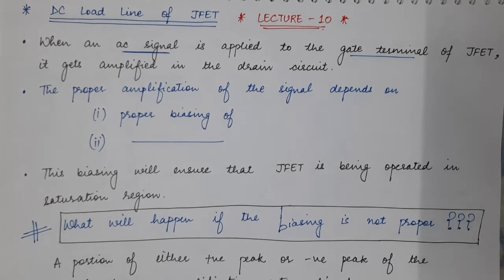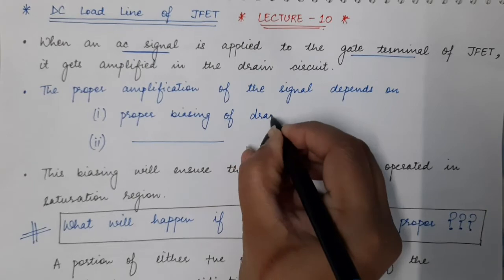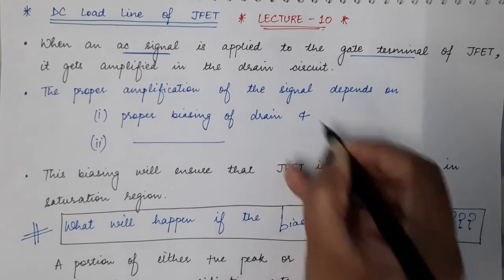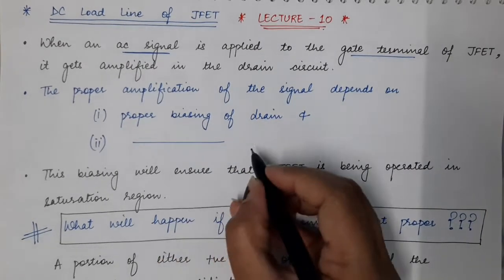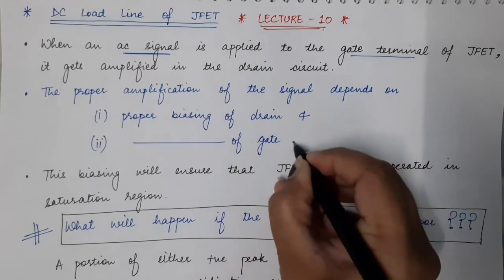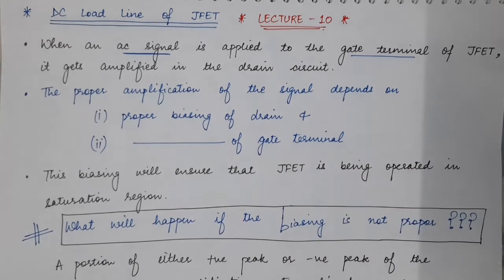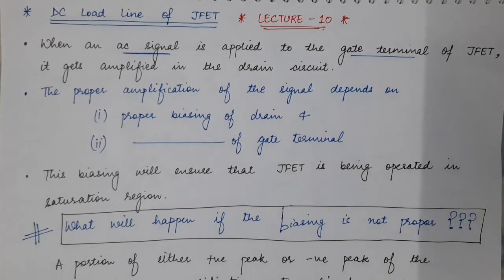There should be proper biasing of gate as well as drain. Source is common, so there must be proper biasing of the drain terminal and proper biasing of the gate terminal. Only then will proper amplification of the signal occur.